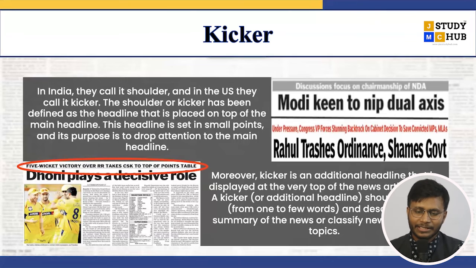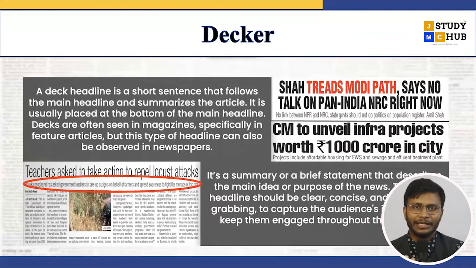Okay, so next is the decker. Kicker and decker are very similar, but there is a slight difference between them. We will tell you at the last what the decker is. First we will try to understand. A decker is like an extra story that hangs out next to the main one. It's usually related to the main story in some way. Imagine you are reading a newspaper and next to the big headline you see another small story. That small story is the decker.